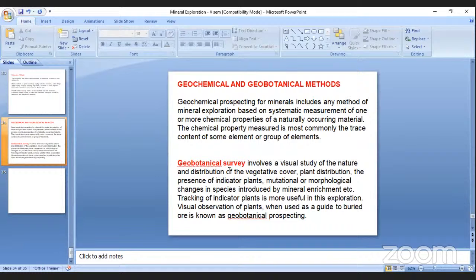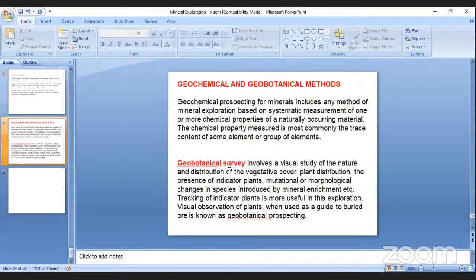In a geochemical method, first, what is geochemistry? Geochemistry means the study of elements and the distribution of elements in the earth.